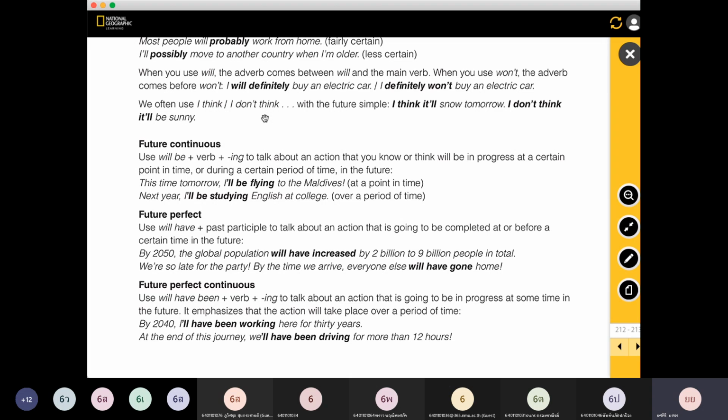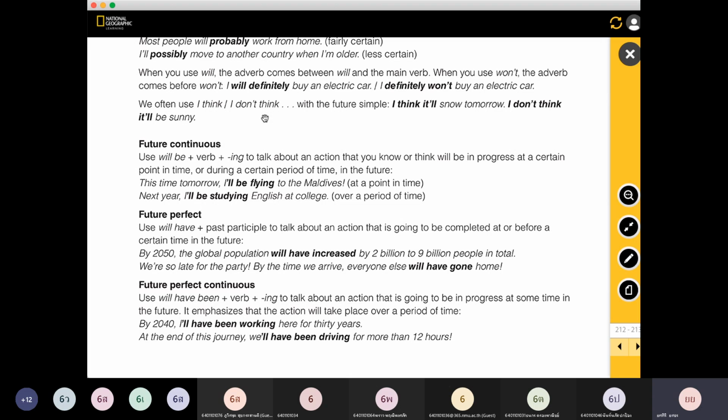So you may say, by the end of 2024, I will have been pursuing my bachelor's degree for 4 years, 5 years, something like that.